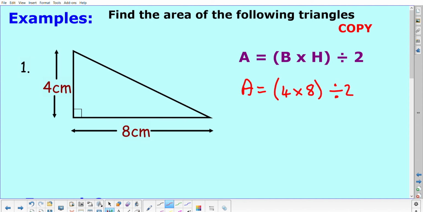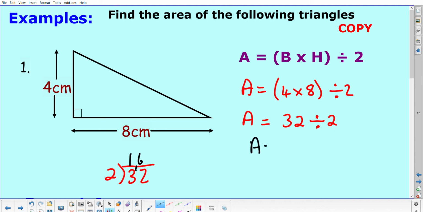So you are doing 4 times 8, which is 32, and then you're having to halve the 32. If you need to, you can write out your working. 2 into 3 goes 1, remainder 1, 2 into 12 is 6. So your area is 16, and it's square centimetres for that one. So we need to see the working written down.